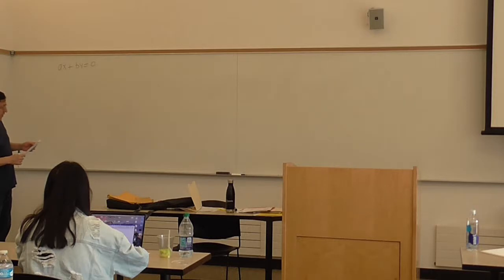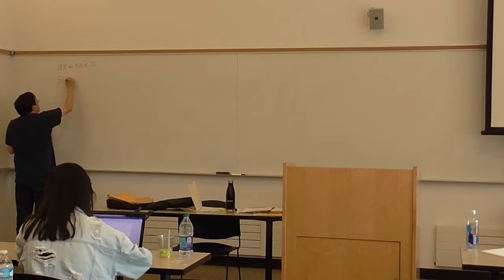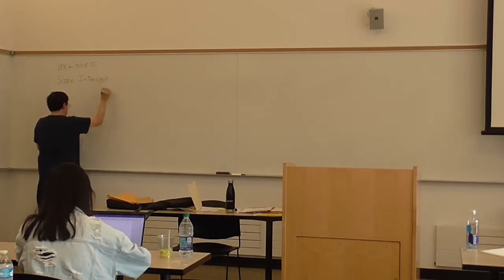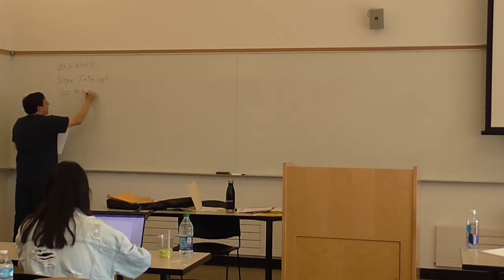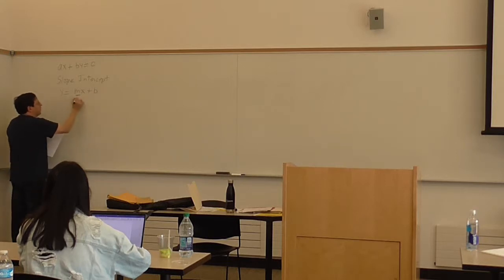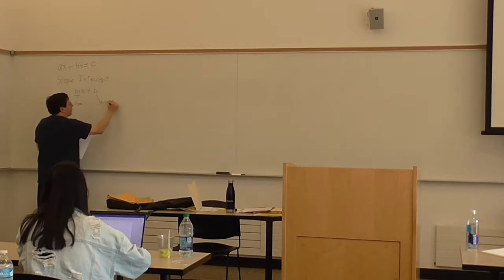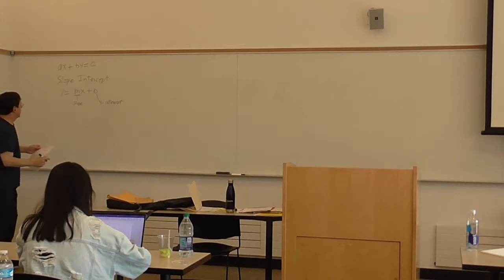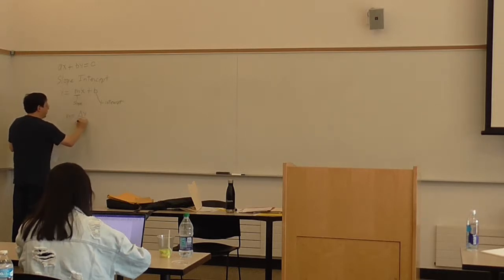My favorite form, because it's so much more useful, is the slope-intercept form, which is y equals mx plus b, m being the slope, and b being the y-intercept. In particular, you should remember the slope m is the change in y over the change in x, delta y over delta x.